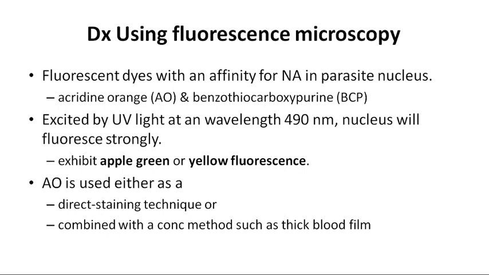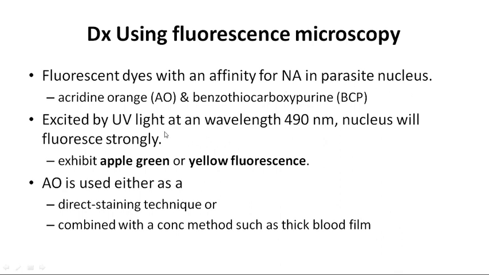Now, diagnosis using fluorescence microscopy is easily done by staining the slide with a fluorescence dye like acridine orange or benzothiocarboxypurine, that is BCP, which have an affinity for the nucleic acid of the parasitic nucleus.